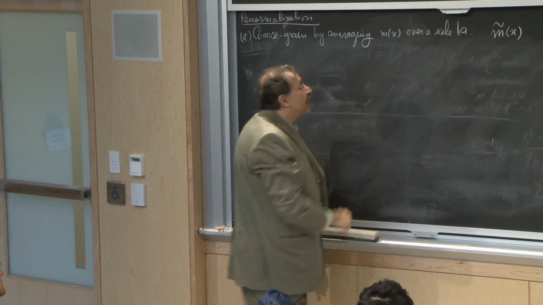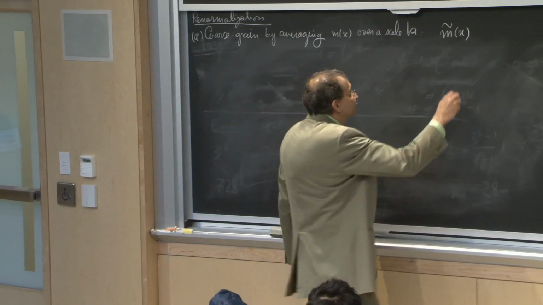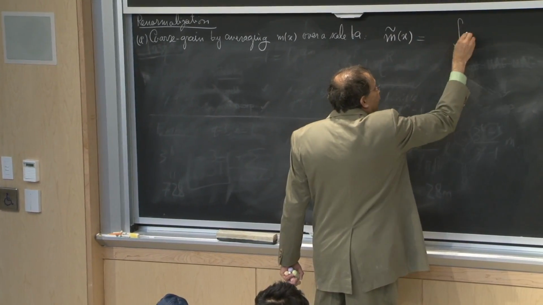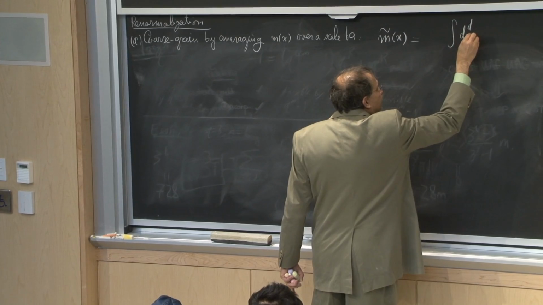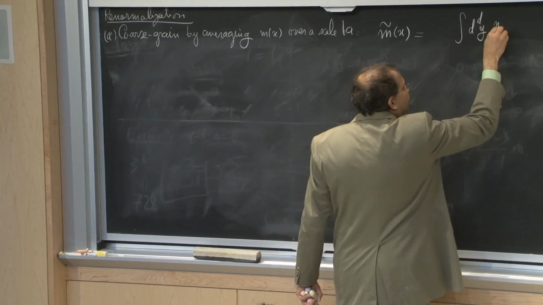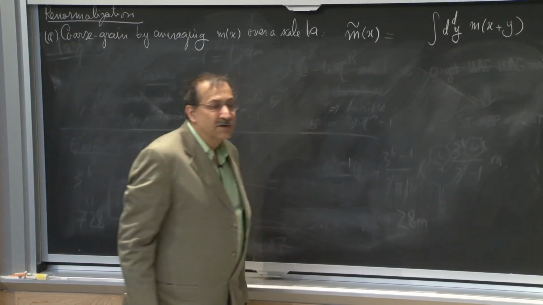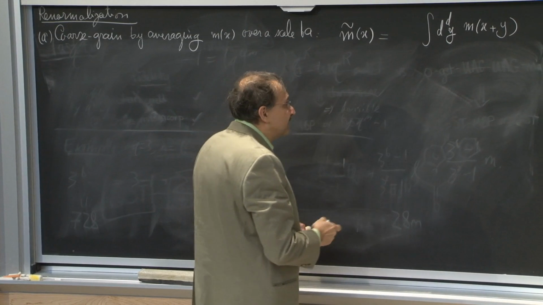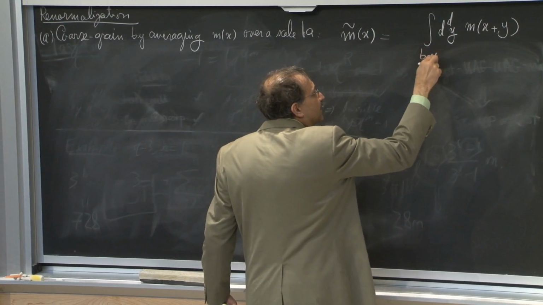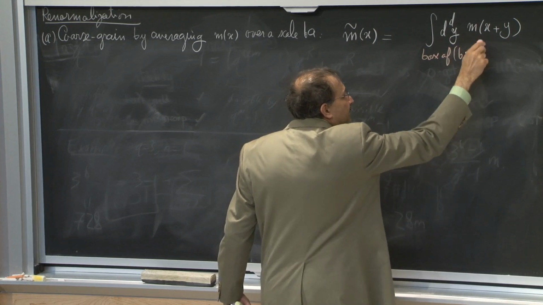So previously I had m of x, now I have m tilde of x, which is obtained by averaging, let's say, over a volume around the point x that I had before. And this volume is a box of dimension BA to the D.